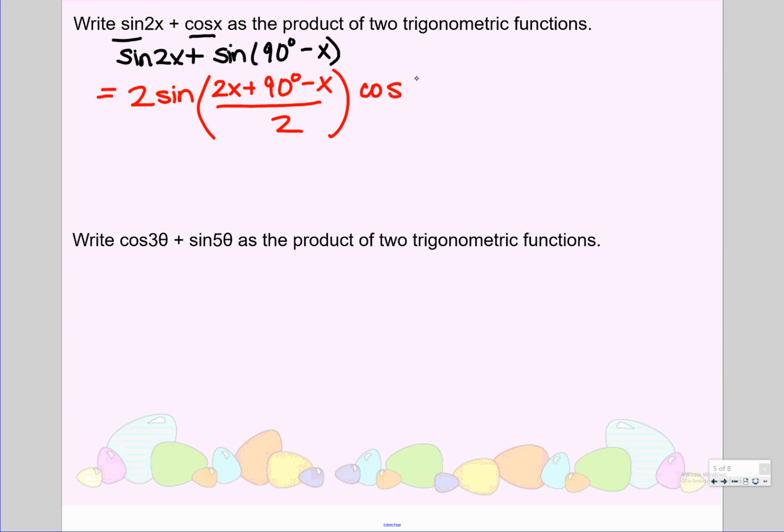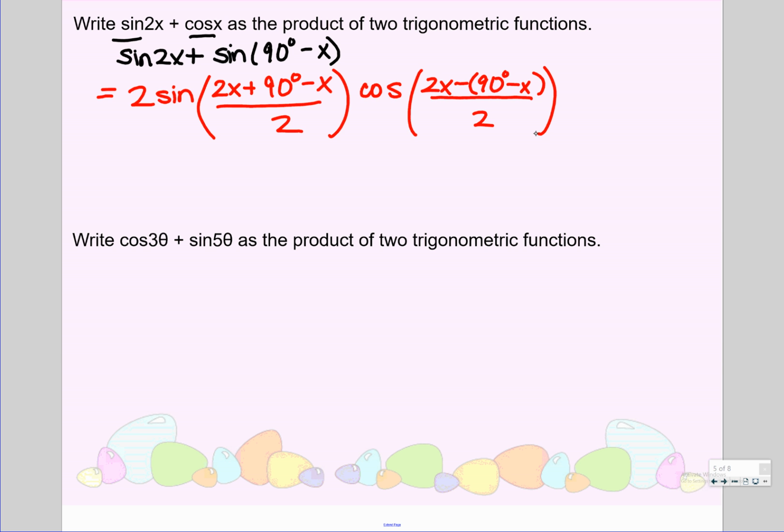And then it's a cosine, and then we're going to subtract our angles and divide by 2. You have to be careful when you subtract because 90 minus x is a quantity, so I would maybe put it in parentheses. It's kind of like an intermediate step here. Over 2, like that.